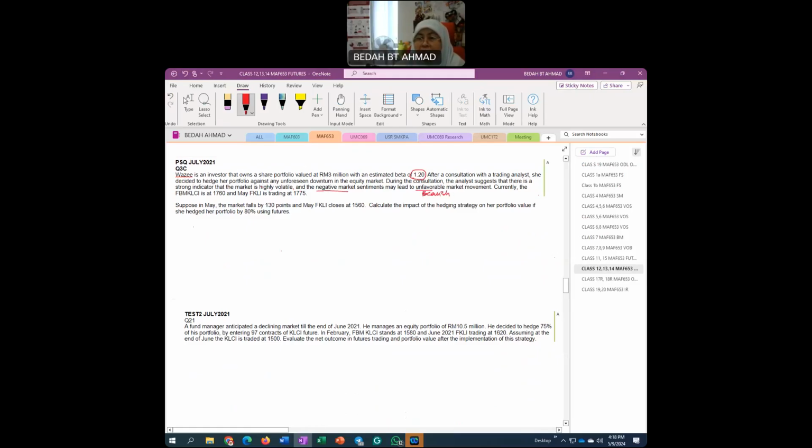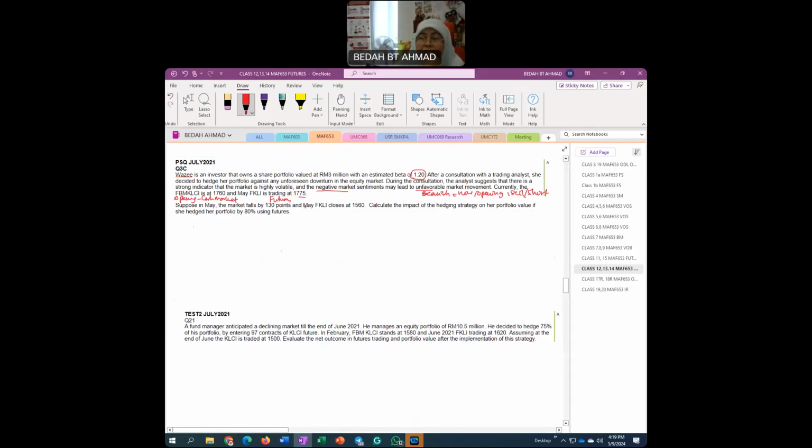So when the market is bearish, what we are going to do on opening is take short positions. Currently, the FBM KLCI is the opening for the cash market, and the opening for futures is 1775, which is May FKLI, but locked in now.